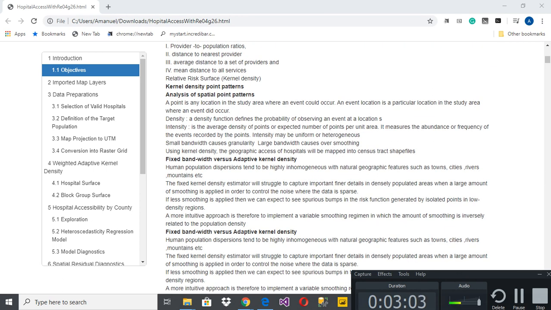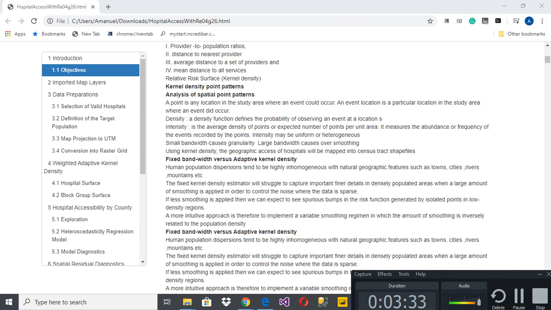Kernel density point patterns: a density is a function that defines the probability of observing an event, and an intensity is the average density of points or expected number of points per unit area. A small bandwidth causes granularity, and a large bandwidth causes over-smoothing in kernel density point patterns.